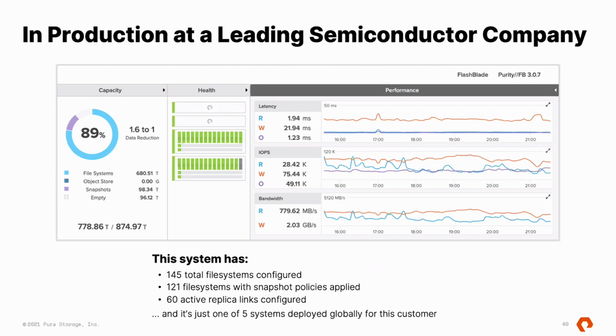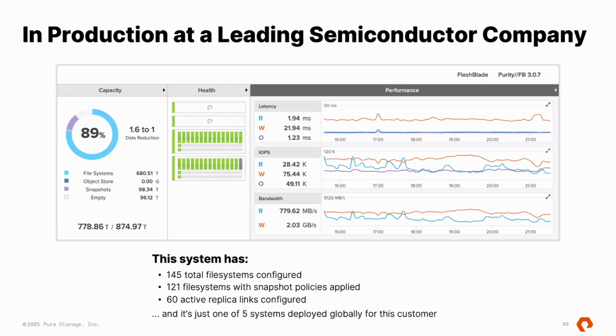There's actually a pretty mixed workload here, though. As we go in and look at internally what they're doing, they've got about 145 total file systems configured. 121 of them have snapshots enabled. Some of those file systems are scratch use cases that are driven by simulations, which is pretty typical in this industry.